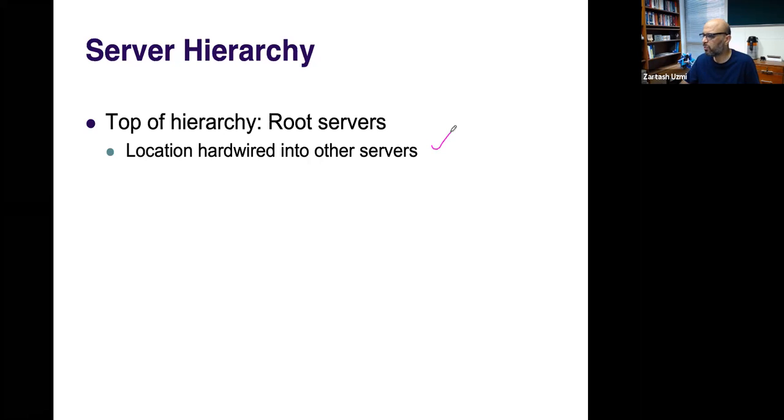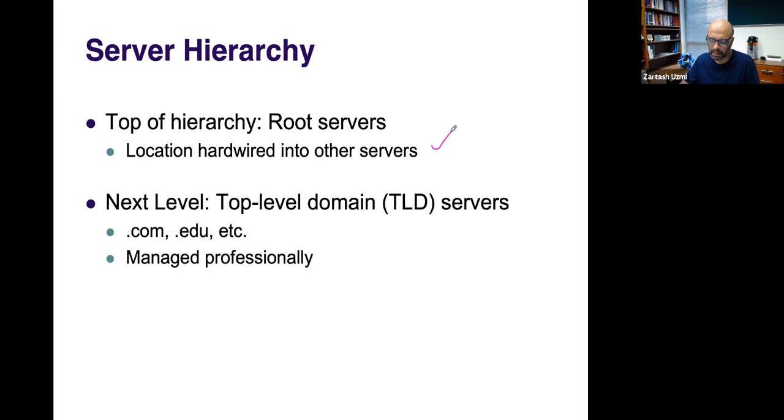But sometimes you have to access the root name servers. And next are the top level domain servers. These are also managed professionally: .com and .edu and the country domains. PKNIC, for example, handles the domain name registration for the domains in Pakistan.